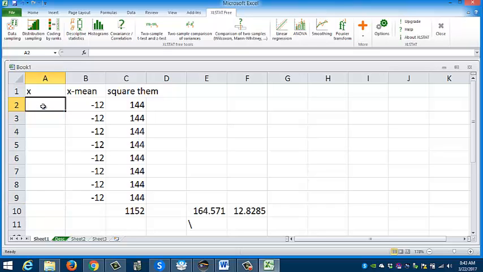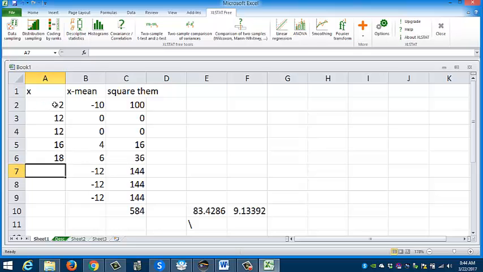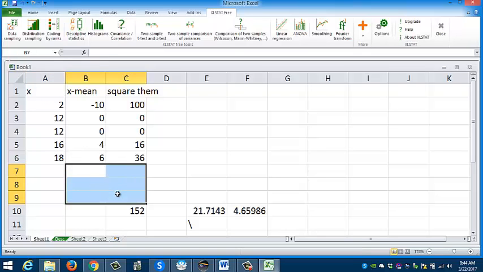And if I just typed in the, what are the 5 data points? We had 2, 12, and 12. And then we had 16 and 18, right? That's interesting.